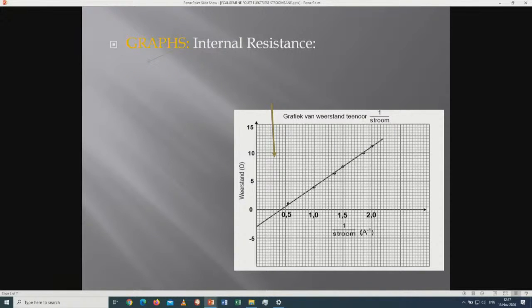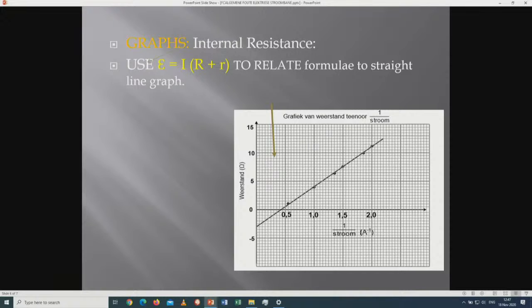Right. Now, internal resistance is also a question where the practical part of your work comes in. You will remember you have done an experiment in the first term on internal resistance.